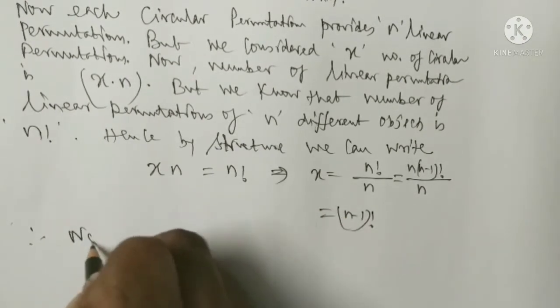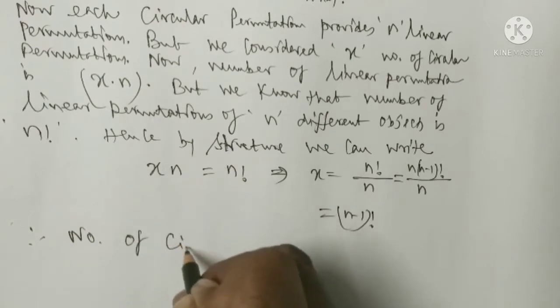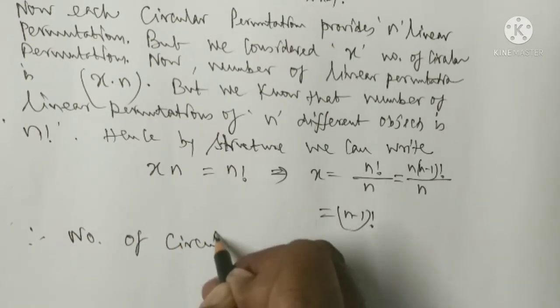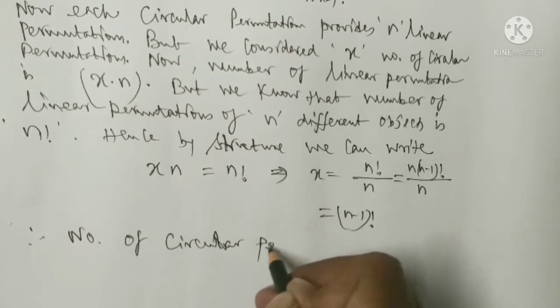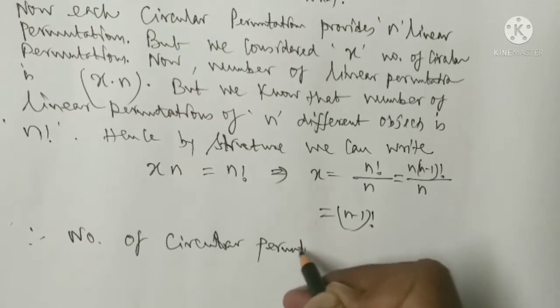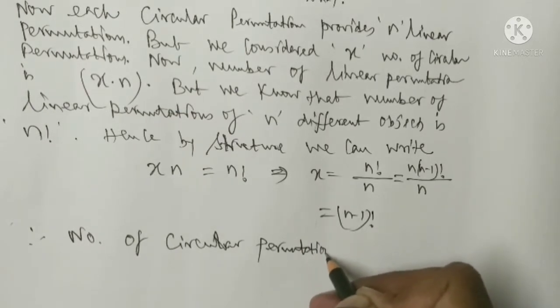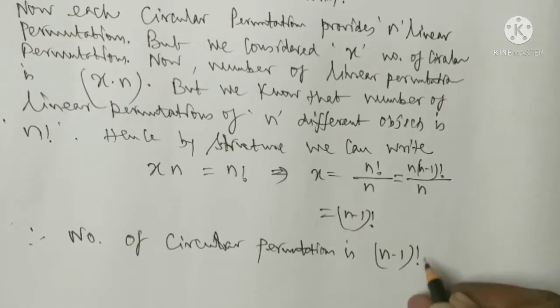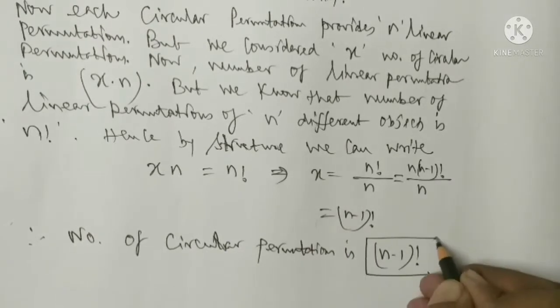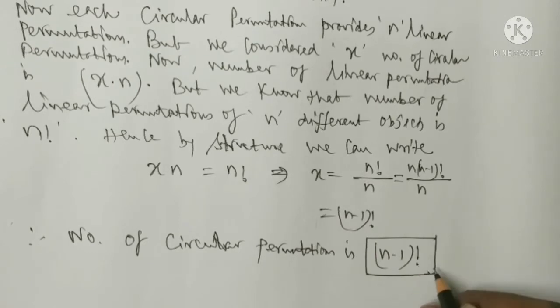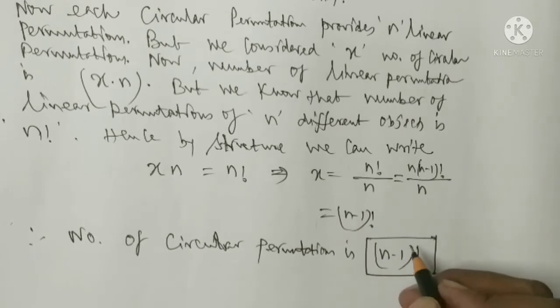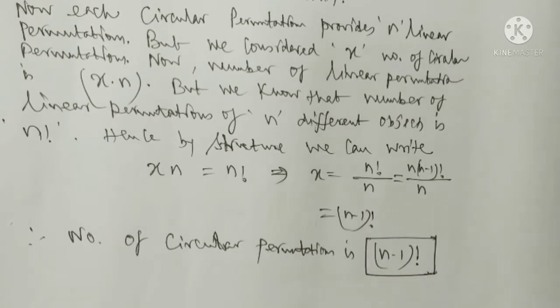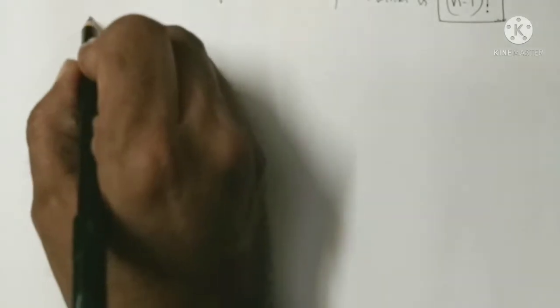Therefore, number of circular permutations is n minus 1 factorial. This is the answer. Now our proof is complete.